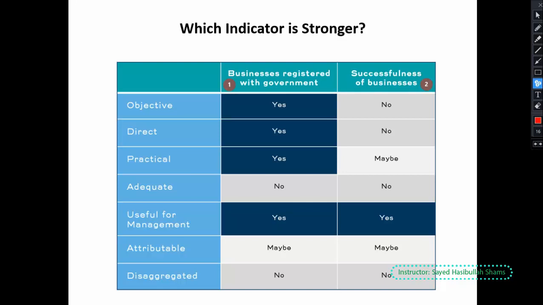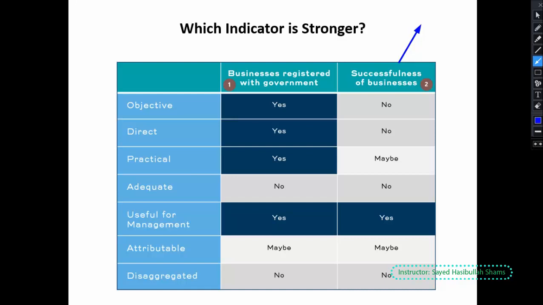This indicator has objectivity because there are no vague and confusing words. But here there is a confusing word, successfulness. You cannot measure this easily, and it will be interpreted by two persons in different ways.